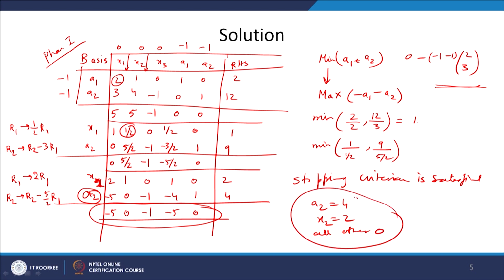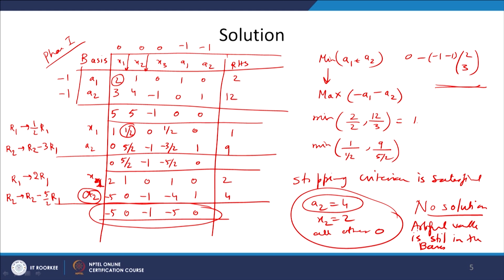But remember, what was our A2? A2 was an artificial variable, and since it has still not been removed from the basis, it indicates that the problem has no solution, because the artificial variable is still in the basis.